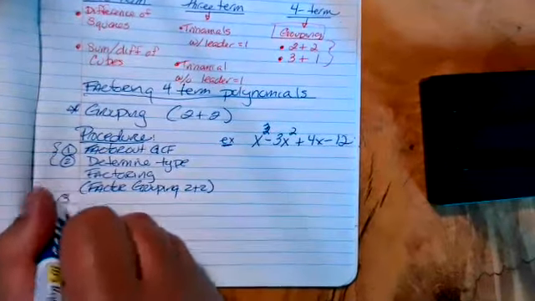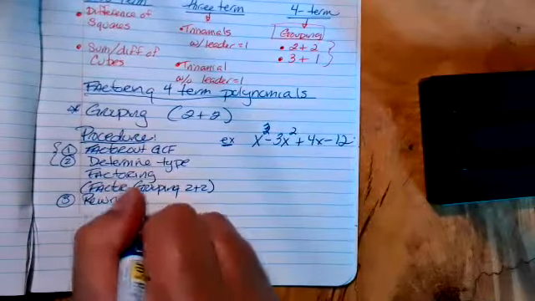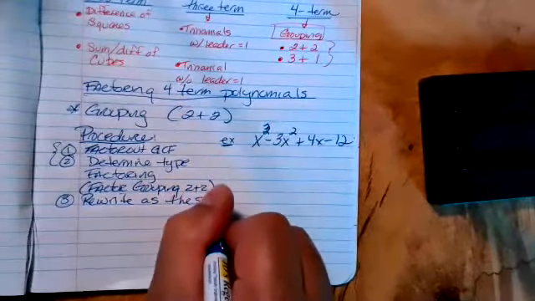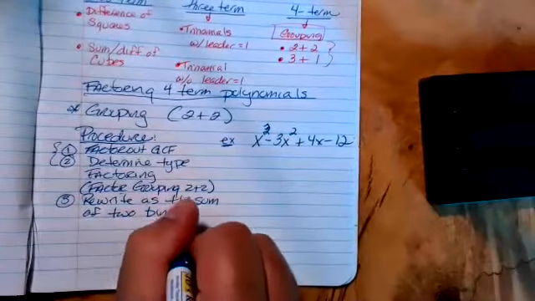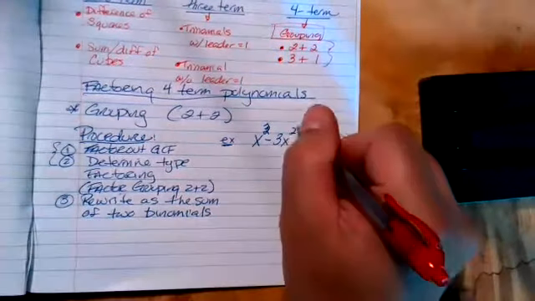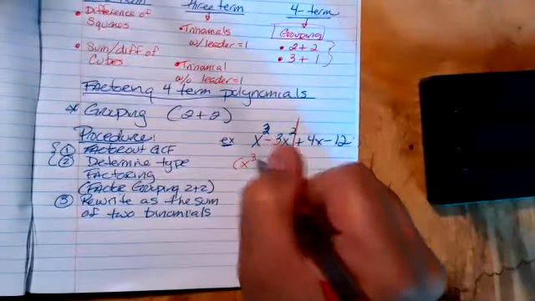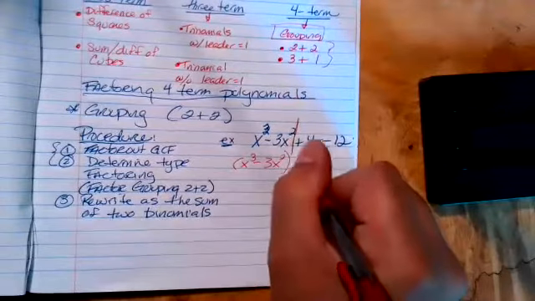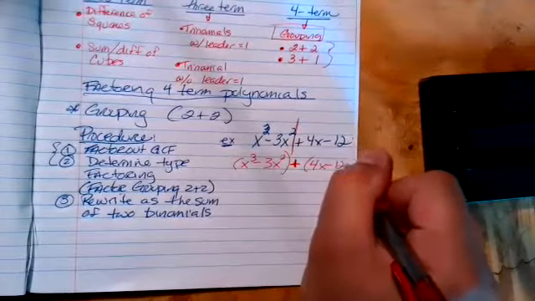So what we're going to have to do is rewrite this as 2 plus 2. So rewrite as the sum of two binomials. We want to break it down right here, and we want to write this as x cubed minus 3x squared plus, always plus, 4x minus 12.